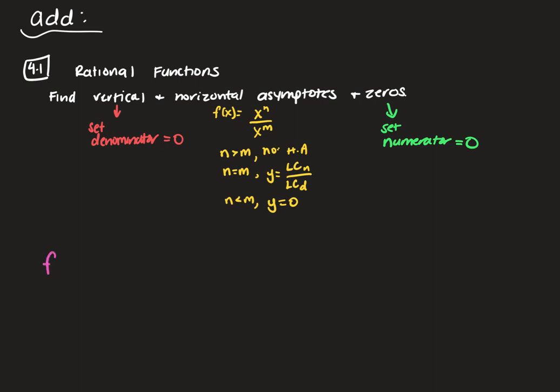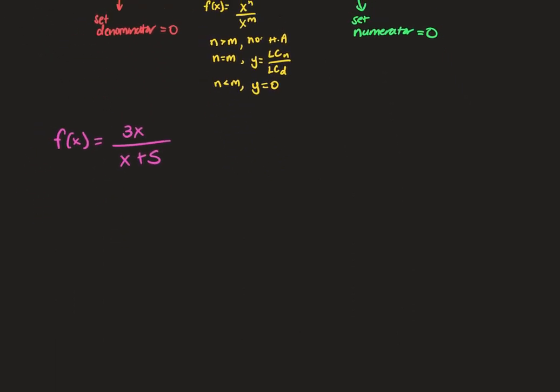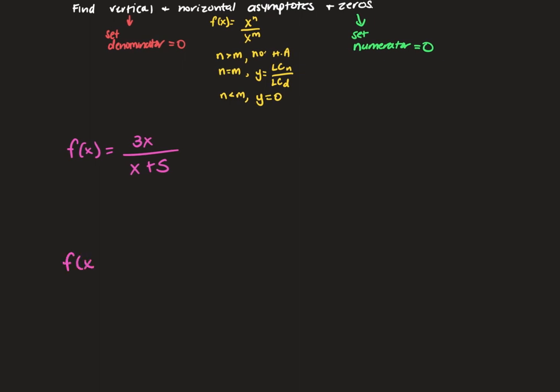So these kinds of questions would look like f of x equals 3x over x plus 5. Or f of x equals x squared minus 4 over x plus 3.